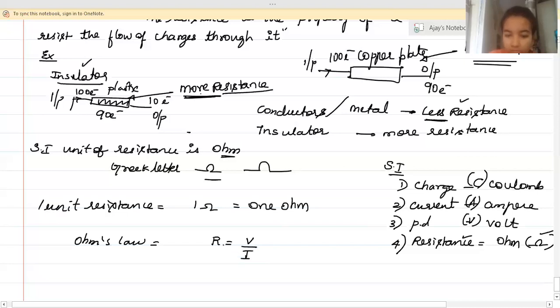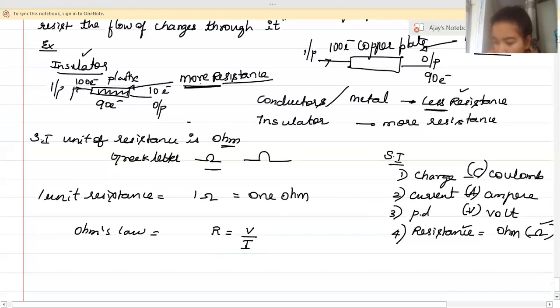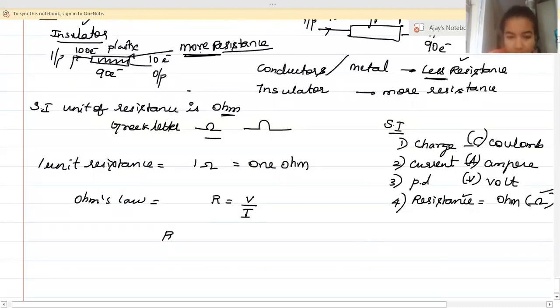In this formula, R will become 1 ohm if V is equal to 1 volt and current I is equal to 1 ampere. Am I correct? So I can write the resistance.